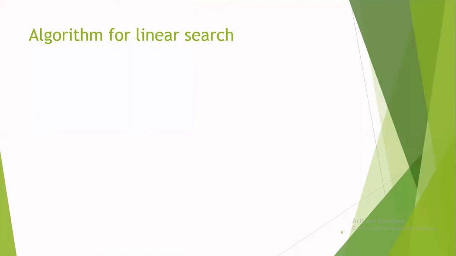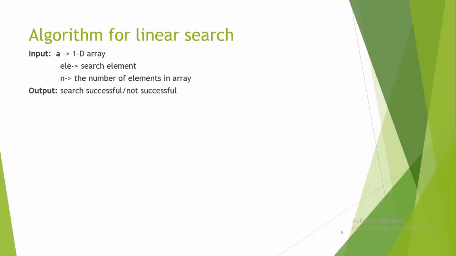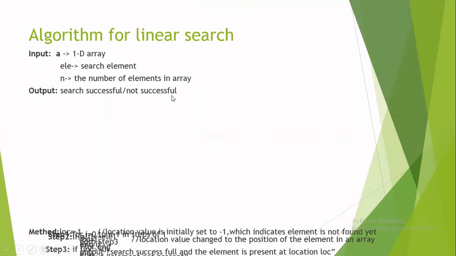Let us now discuss the algorithm for linear search. The input for this algorithm is a one-dimensional array with n elements and the search element LE. The output of this algorithm is search successful if the element is present, or not successful if the element is not present.